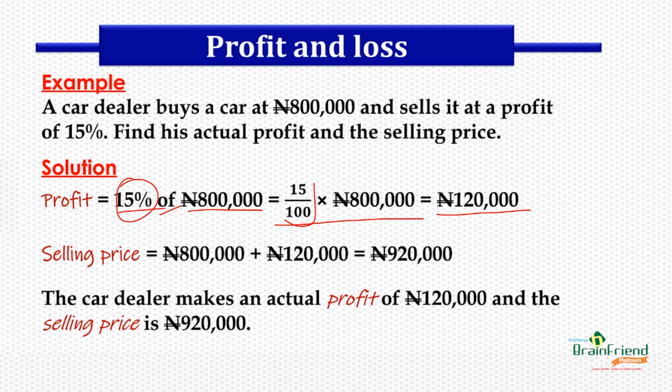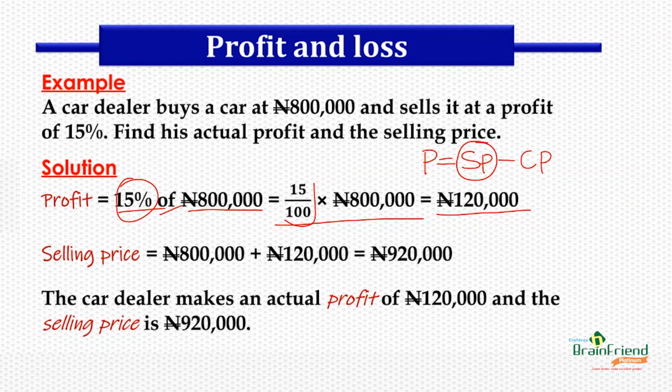Now let's find out what his selling price is. To find out what his selling price is, if you recall the formula I wrote earlier on, we can use the formula of profit to find out what selling price is. Recall that I said profit P is equal to selling price minus cost price. But in this situation, we are interested in finding out what our selling price is.